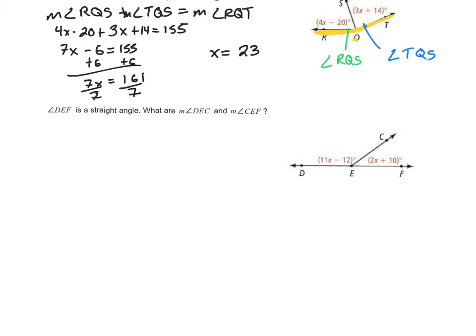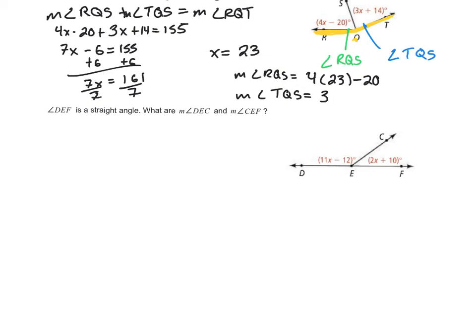We now have to figure out what the measurement of angle RQS is and the measurement of TQS, all right? So what I'm going to do is write down each equation again. So the measurement of RQS is equal to 4 times x minus 20, okay? And then the same thing for TQS.